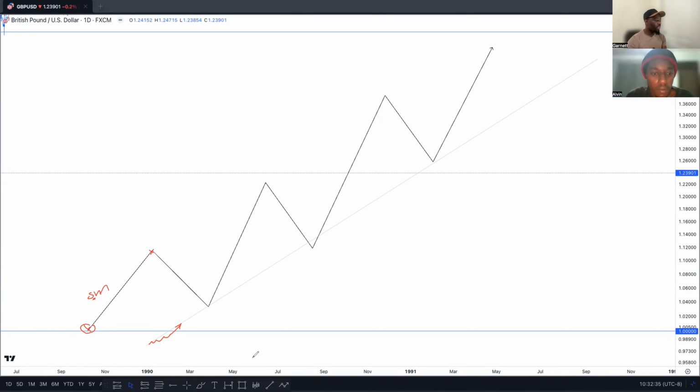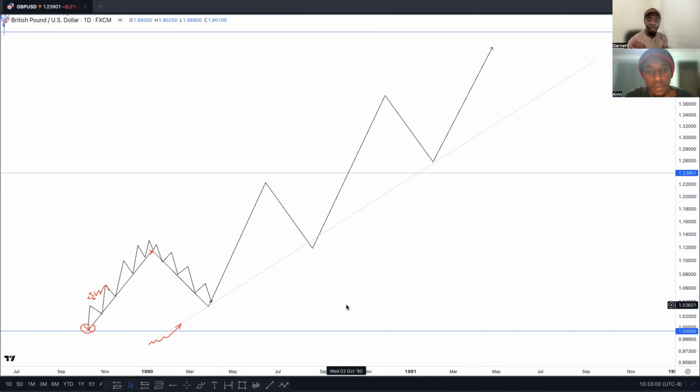So what you're expecting on a lower time frame is something like this. You're expecting price to move to the upside, pulling back, upside, pulling back, and maybe an inability, and then it starts delivering back to the daily.